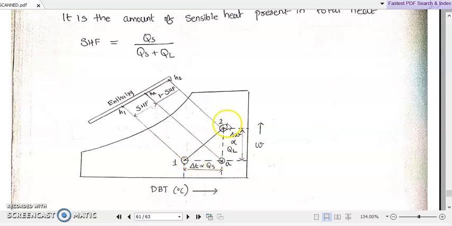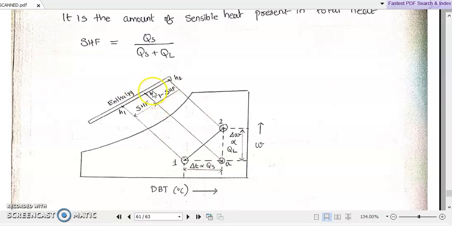For that, we have discussed that we are drawing the perpendicular lines and the horizontal lines. These perpendicular lines and horizontal lines will intersect at an imaginary point A. Please note that this point A is an imaginary point. Actually, this is not a part of the actual process 1 to 2. After locating this imaginary point A, simply find out the enthalpy value corresponding to A, that is HA.